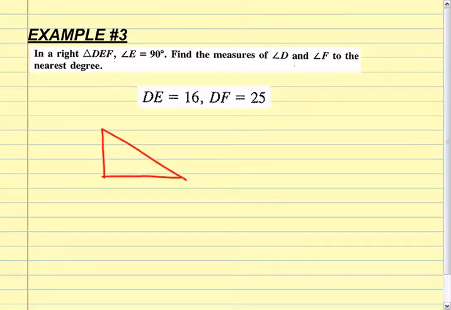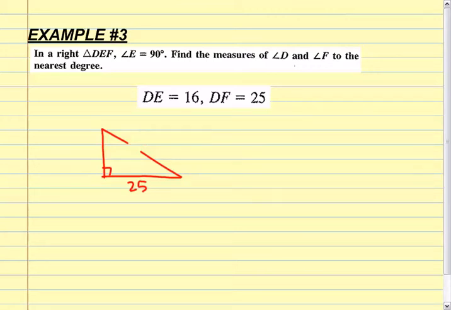I will call this D, E, and F. There's the right angle. It says that DE is 16 and DF is 25. Oh no, it says E is the 90-degree angle. That's important. Okay, let me get rid of this stuff.